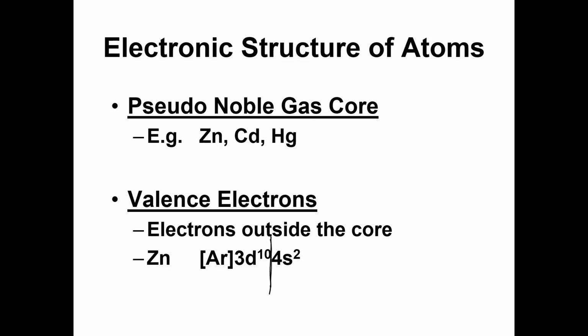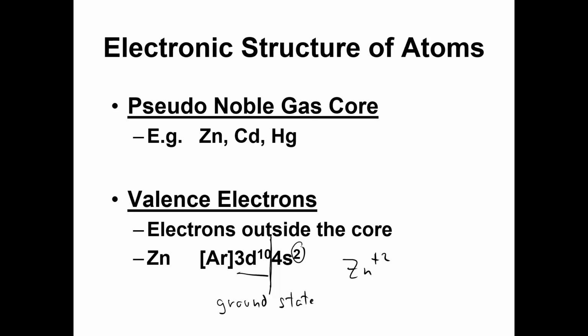Here it switched, it put the 3d lower like it should for the ground state. These are full and stable, so the only thing that can happen is these 2 electrons can be removed for zinc to turn into zinc 2+, which is what it does. Zinc will have a 2 plus charge when it engages in ionic bonding.